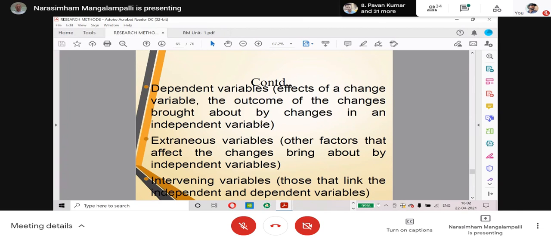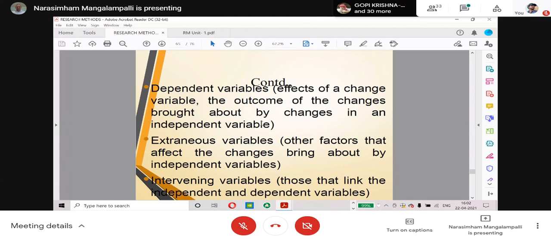Then there is another type of variables which are called as extraneous variables. See, normally independent variables many times will have a direct influence on the dependent variable.